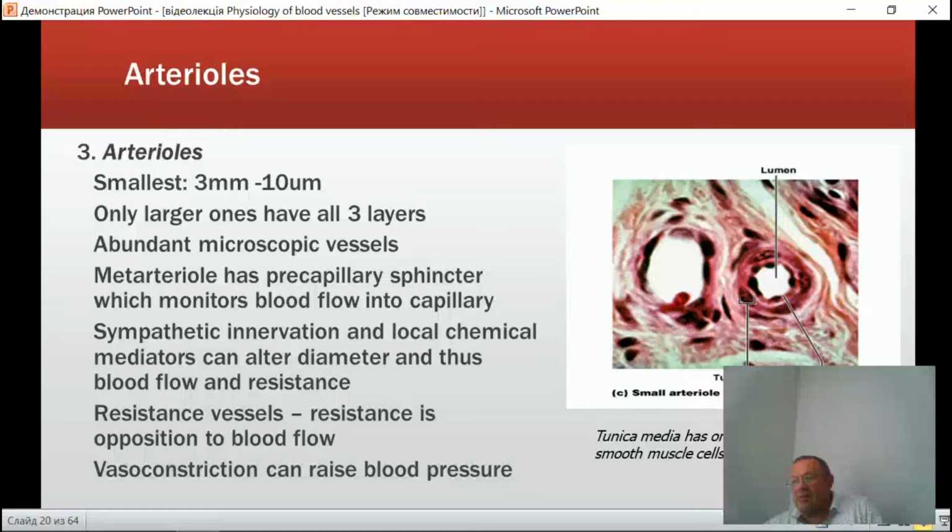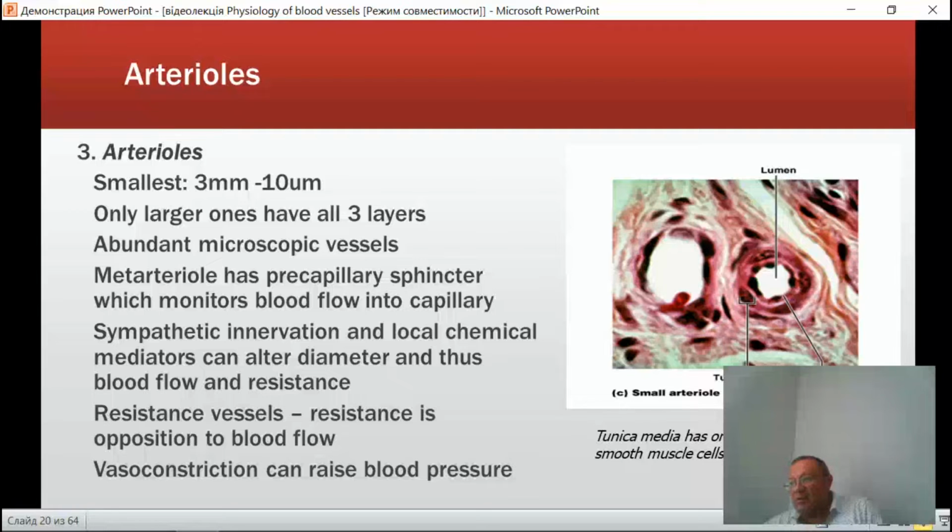Sympathetic innervation and local chemical mediators can alter diameter and thus blood flow and resistance. Resistance vessels. Resistance is opposition to blood flow. Vasoconstriction can raise blood pressure.